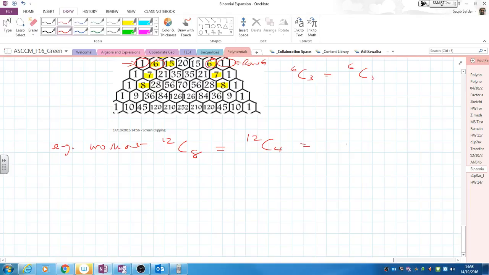And then what would you do from here? Shivanji, what's the trick? How many fractions? 4. 1, 2, 3, 4. What goes at the denominators? 1, 2, 3, 4. What's numerators? 12, 11, 10, and 9. And then you tidy it up and then multiply through. Okay? Yes? Right, that's fine.